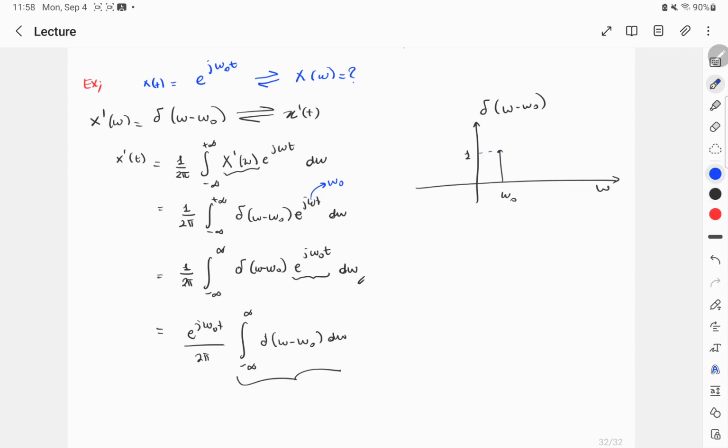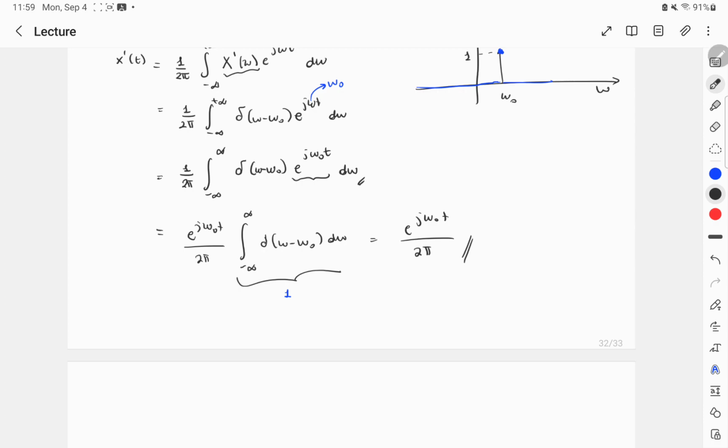So when we integrate it from minus infinity to infinity, it will take a value of 1 only at one point, and therefore the area will be equal to 1 only at ω0. So the result of this equation will be just this expression over here.